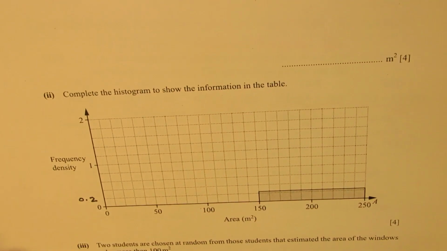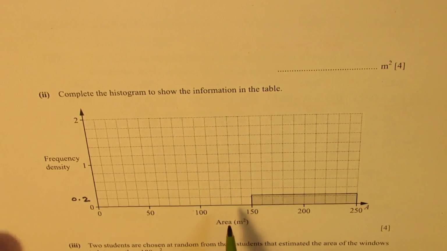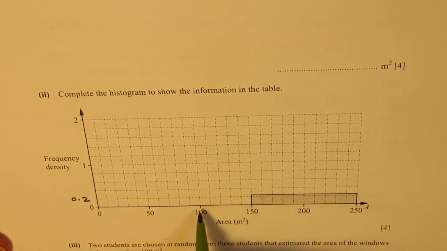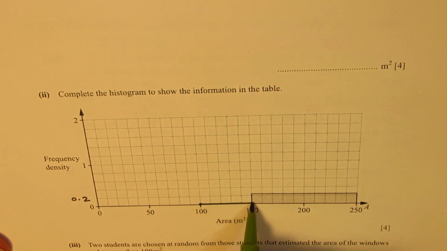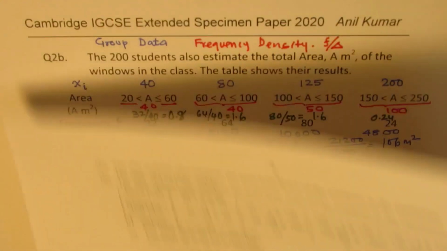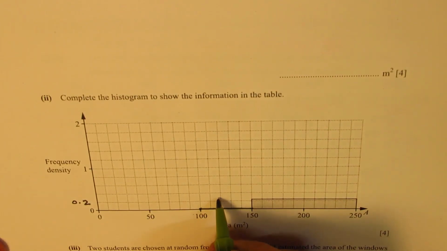So let's first write down the intervals. We have an interval 150 to 250 already given, 100 to 150. That is one interval. And in this interval, we calculated density as 1.6. We have to show 1.6 here, right?